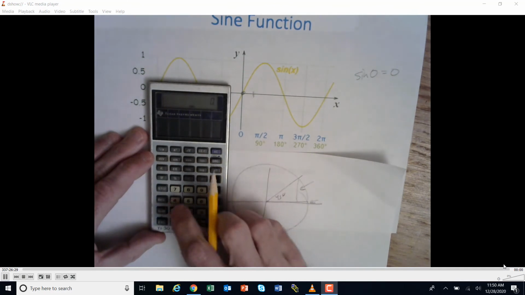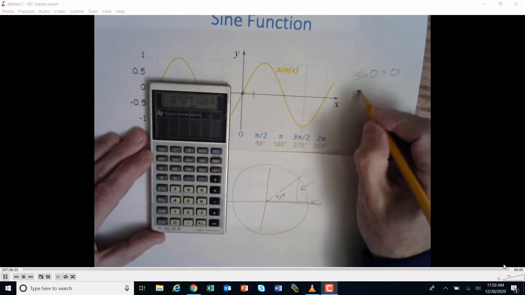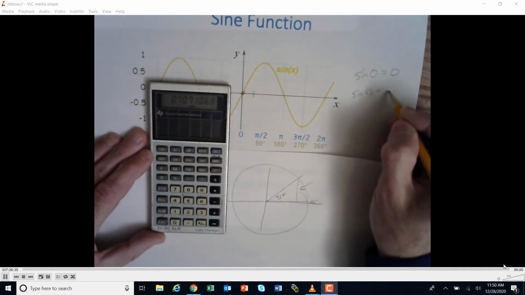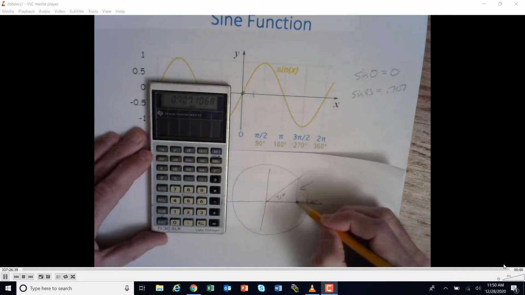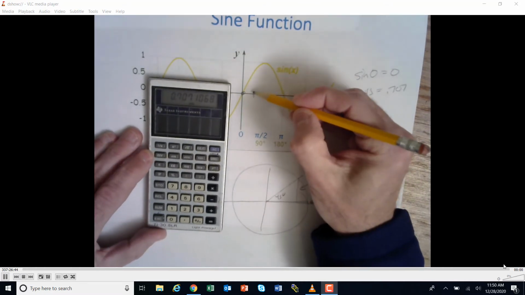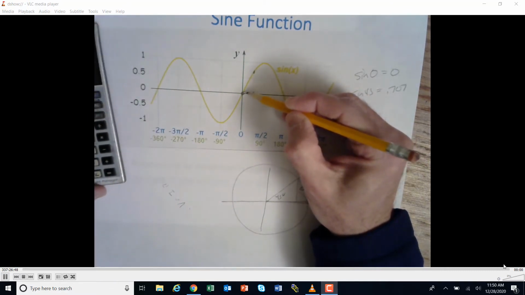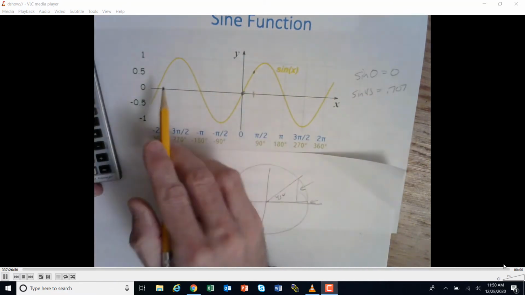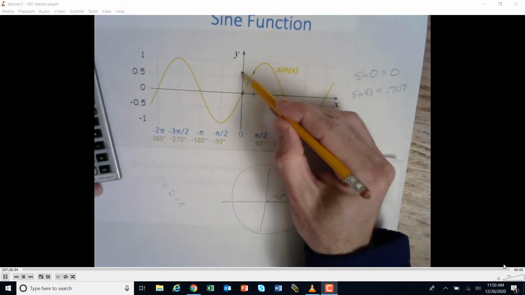If I hit 45 and hit sine, I get sine of 45 equals 0.707. So apparently this length right here is 0.707, and if I marked it on here, you would see that this is apparently a half. It's not quite to 1, so yeah, that looks about 0.7.